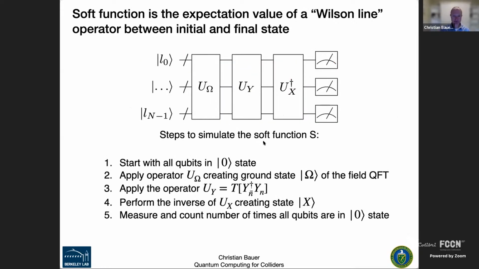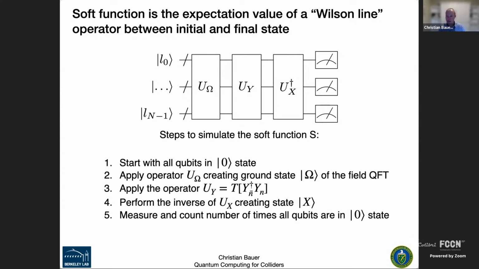And so really, if I want to simulate the soft function, there's now a very simple step. You start with all qubits in the 0 state, you apply an operator U omega that creates the ground state, apply this operator that acts with the Wilson line operator, perform the inverse of U_X, creating the state X, act with it on here, and then you measure and count the number of times all qubits are in the 0 state.